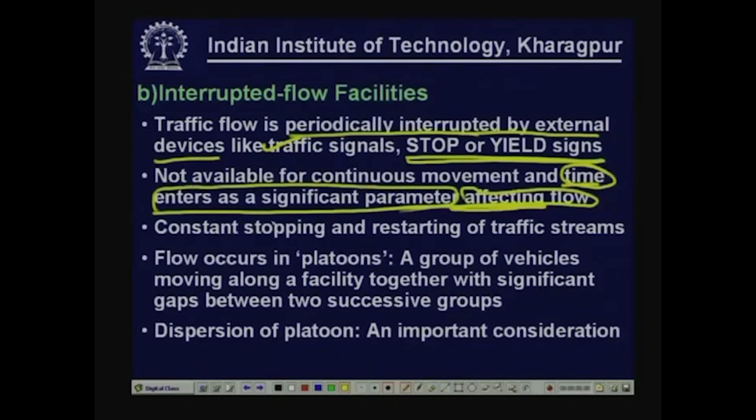We have to deal with traffic where constant stopping and restarting of the traffic stream is very common because of this periodic interruption. Vehicles do stop and start again. Then flow occurs in a platoon. This term is probably new to you. Platoon generally means a bunch of vehicles moving together.